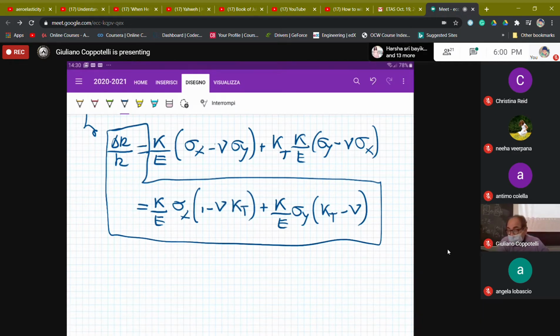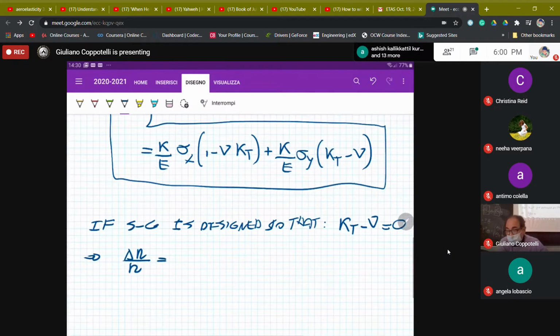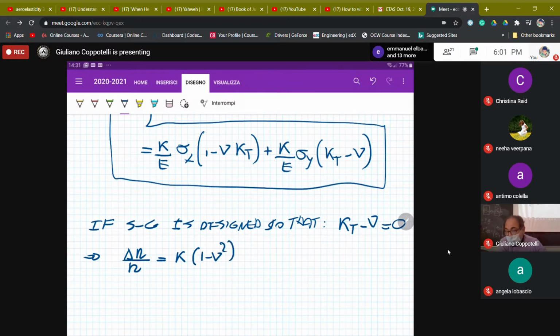So what we can say is that if the strain gauge is designed so that we have KT minus nu equal to 0, then the relative change of the resistance is equal to K (1 minus nu squared) over E times sigma x.